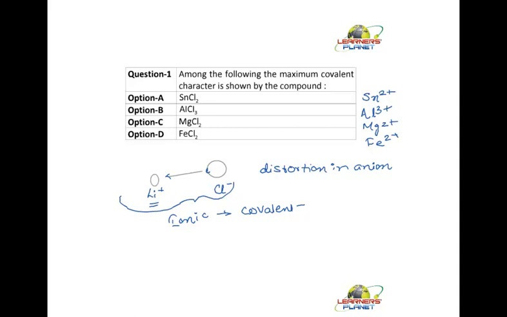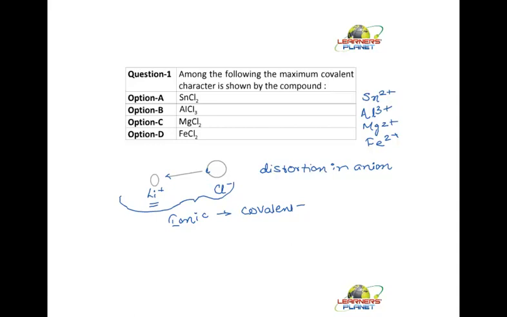Now, of these cations, find the one which has the smallest size. You must be knowing that as the positive charge on an atom or ion increases, its size decreases.